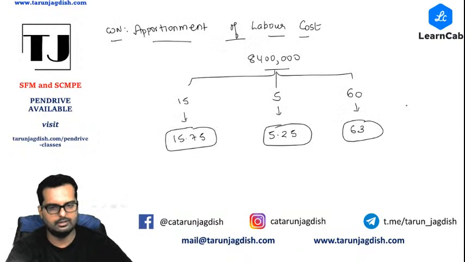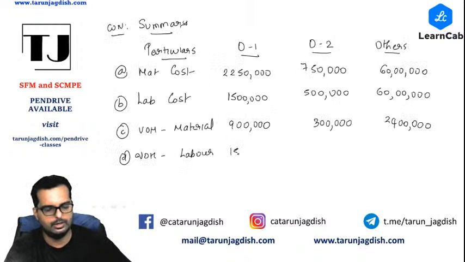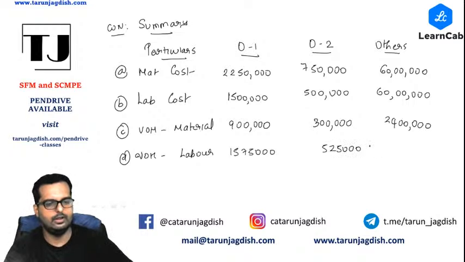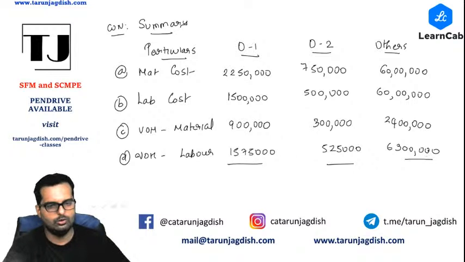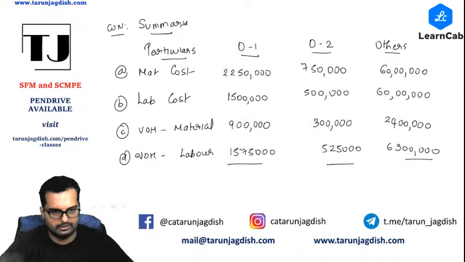Whereas labor, we got the answer as 15 lakh 75,000, 5 lakh 25,000, and the last one is how much? 63 lakhs. Okay. So once you add up these three numbers, you will get the same answer that you got earlier, 62 lakh 25,000.